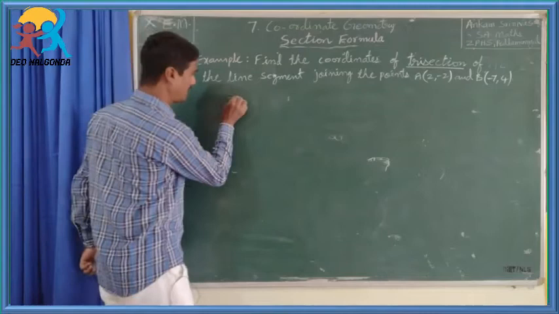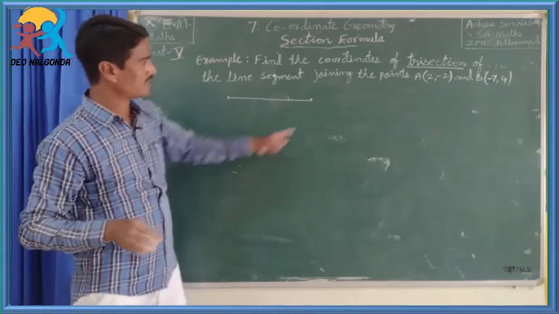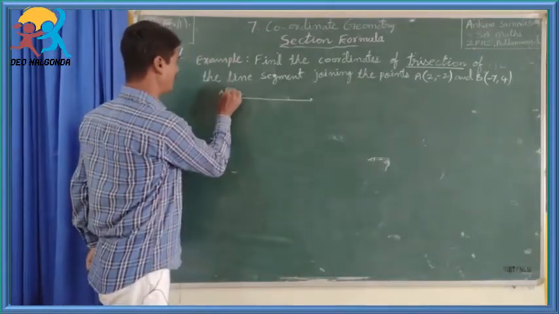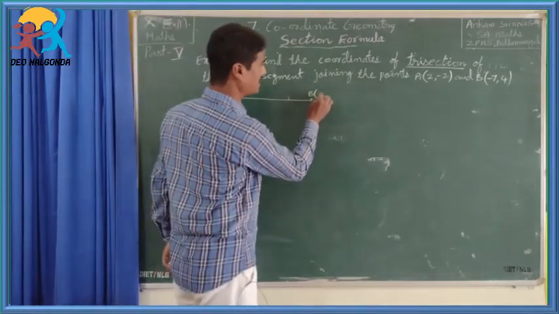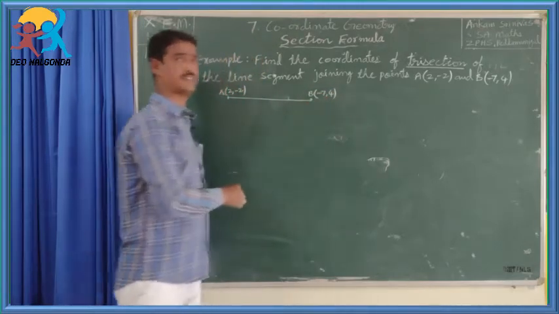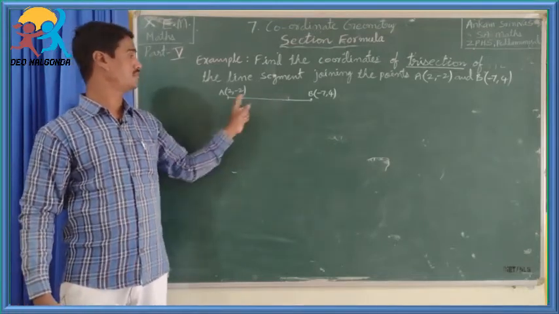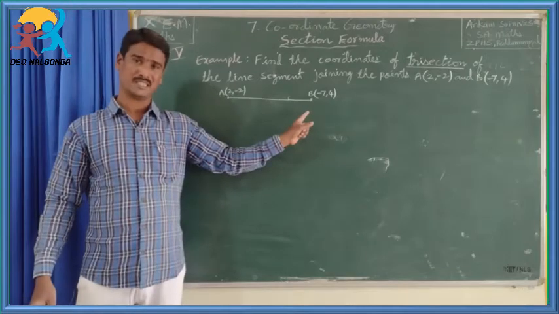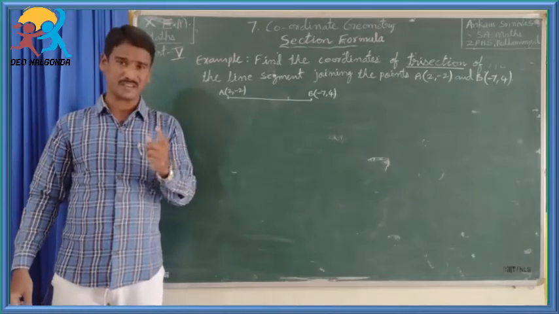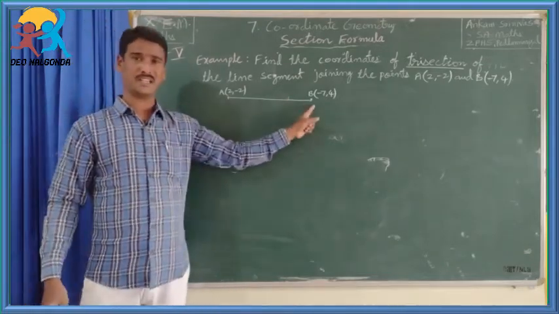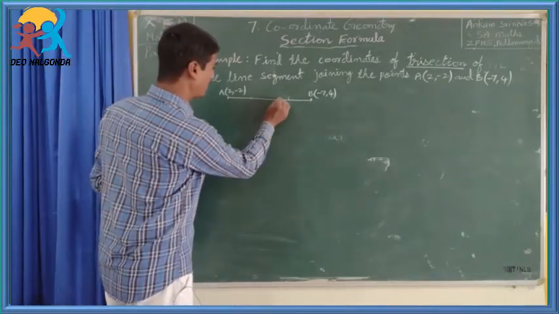Now, take a line segment. One endpoint is A(2, -2) and the other endpoint is B(-7, 4). We have to find the points of trisection of line segment AB. That means we have to find the coordinates of two points which divide the line segment AB into three equal parts.